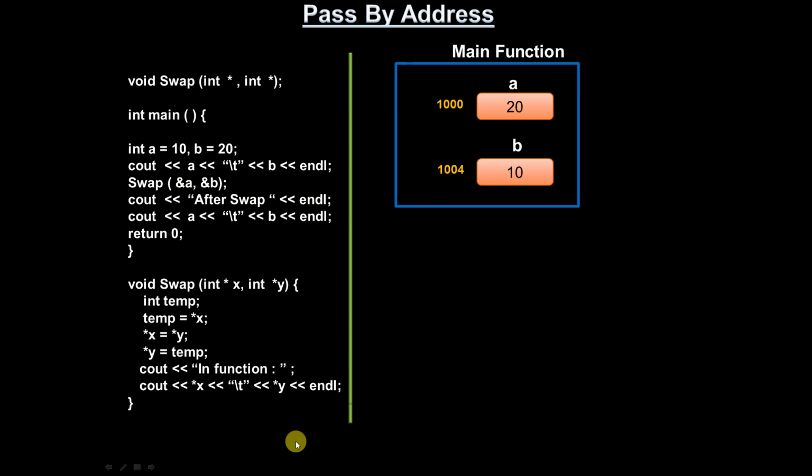And however large the size of the passed variable, we need only 4 bytes here, because a pointer will take only 4 bytes of memory, whether it is a character pointer, a float pointer, an integer pointer, a double pointer, an object pointer, a class pointer, or a structure pointer. Whatever the type of pointer, it will take only 4 bytes. That is the integer size.